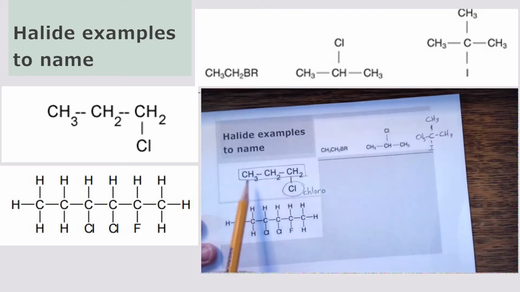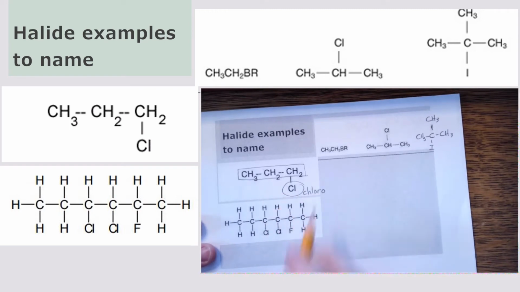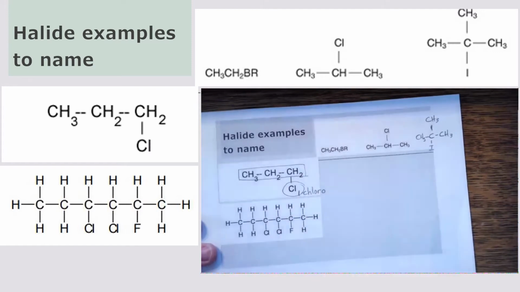When you look at this first, you would say, oh, 1, 2, 3, it is on carbon number 3. But you would be wrong, because I can also number in reverse, 1, 2, 3, and in that case it's on carbon number 1, and we always want to use the lowest number for the address. So this is a 1 chloro.